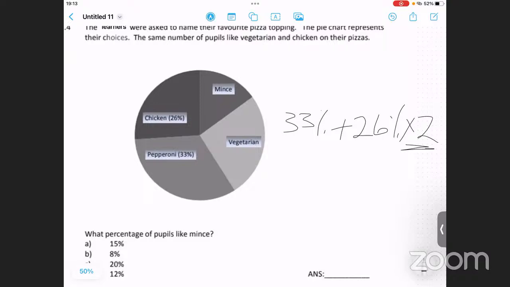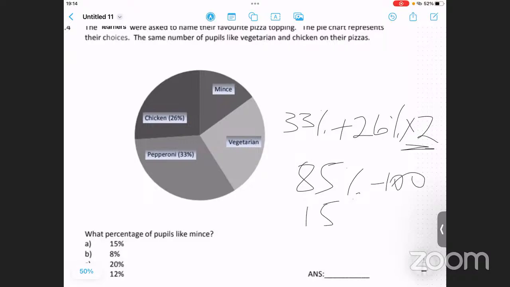Okay. So times 2, how much are you getting? I got 85, ma'am. 85%. And then I subtracted it from 100, which gave me 15.